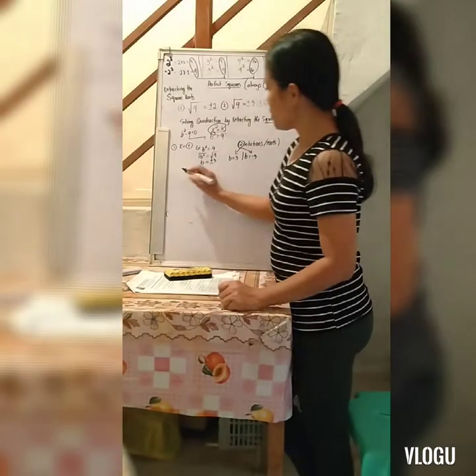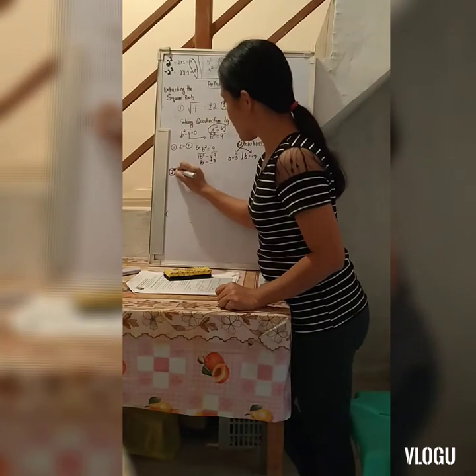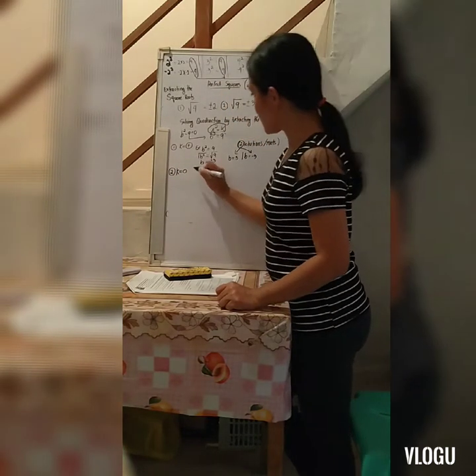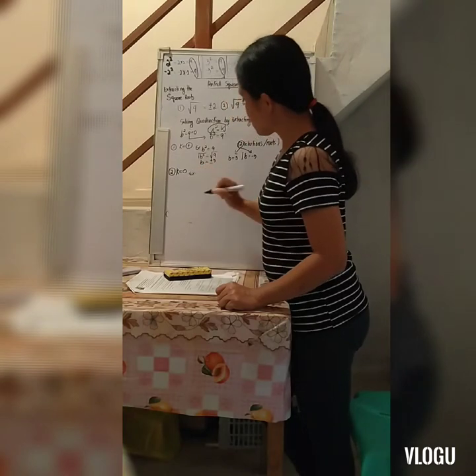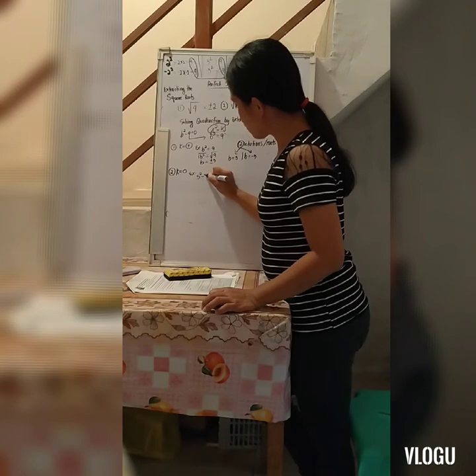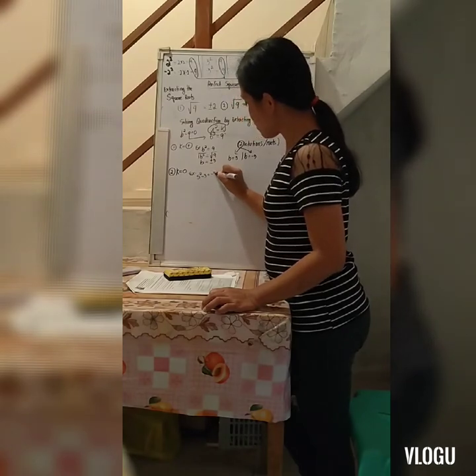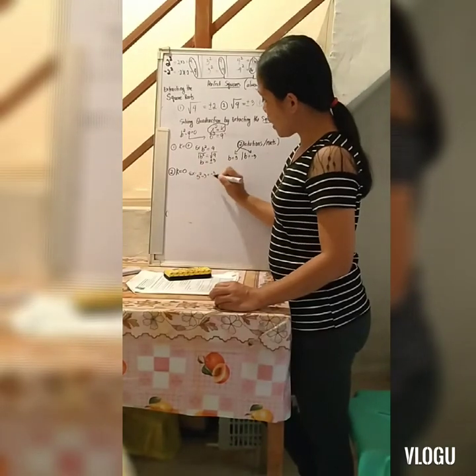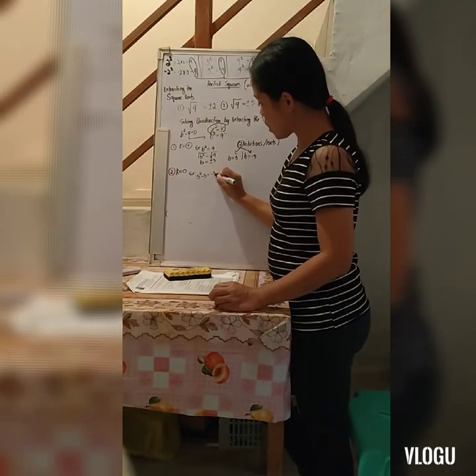Let's proceed to the second case. And the second case is when your k is equal to 0. So let's have an example. You are given s squared minus 3 equals negative 3. So in this case, we combine like terms, so constant and constant.